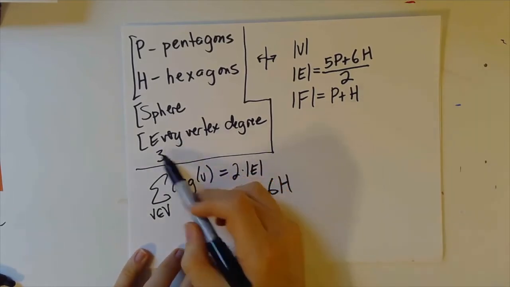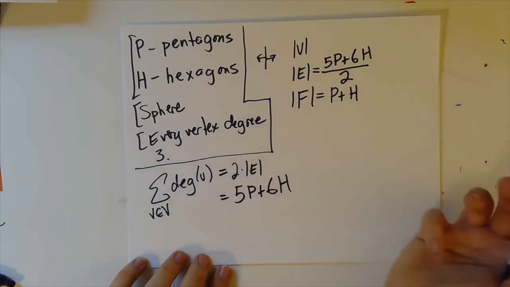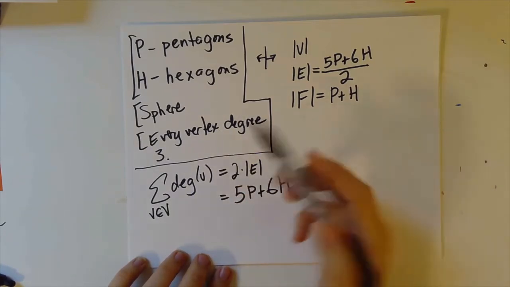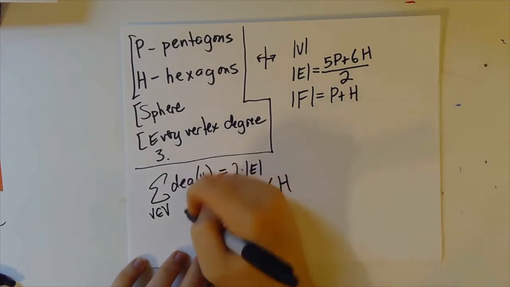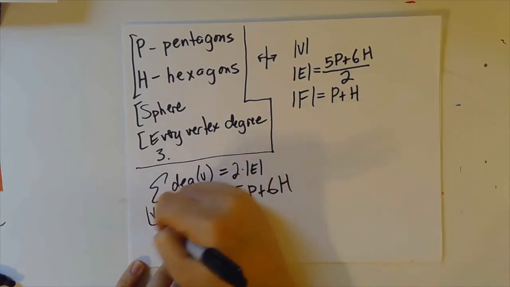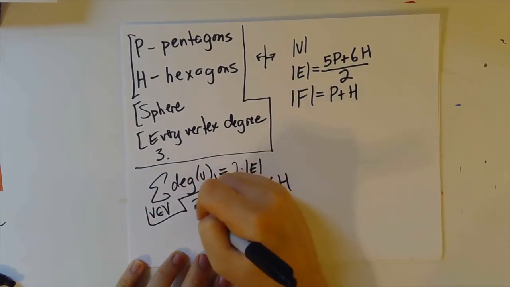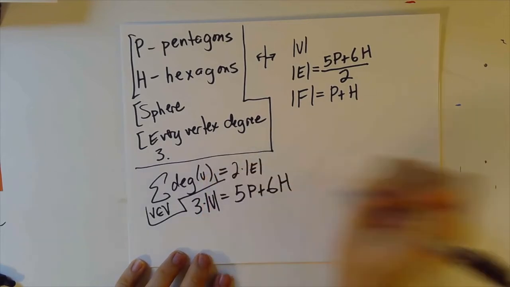But remember, we assumed as part of our definition of being a quote-unquote soccer ball that every vertex has degree 3, so this number is just 3 times the number of vertices.